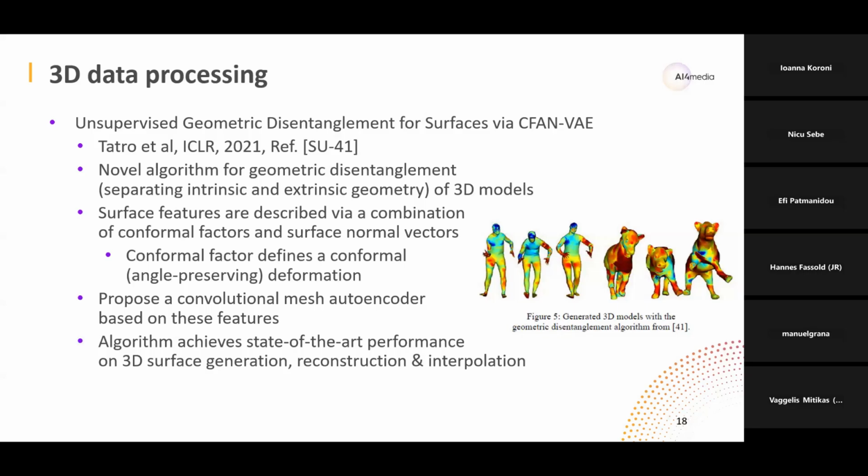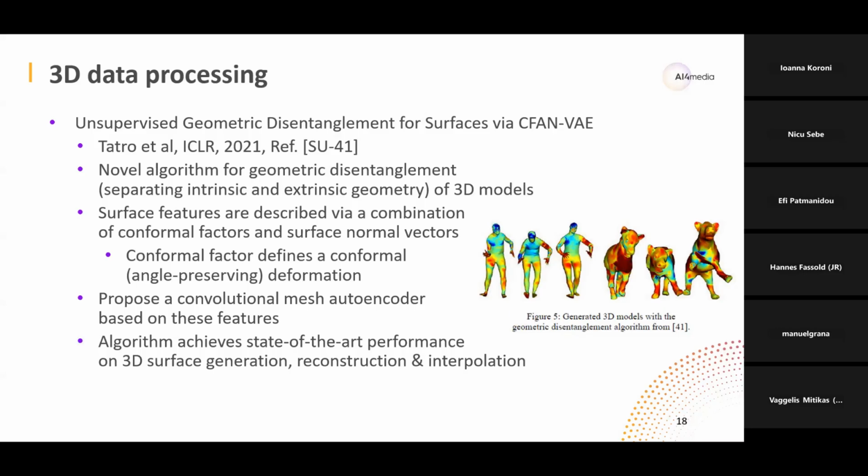And these surface features are modeled as a combination of these so-called conformal factors and of surface normal vectors. A conformal factor defines a conformal deformation, so an angle-preserving deformation.